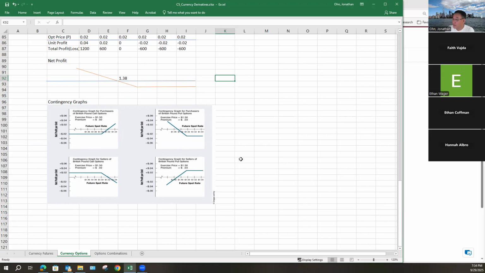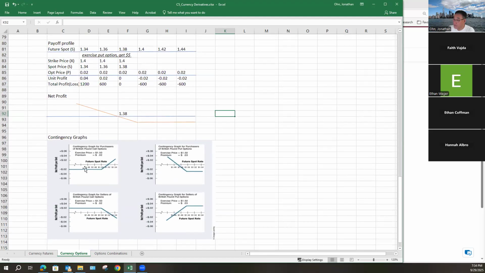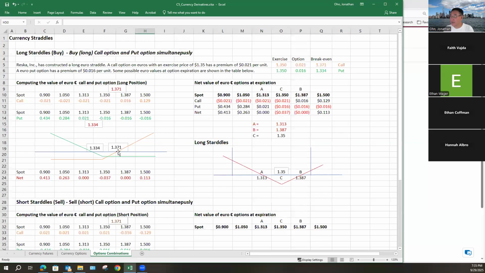So we analyzed the first two cases: when you buy a call option and when you buy a put option. When you sell it, it's the opposite, a mirror image this way. Okay. That being said, the last discussion is this one here.